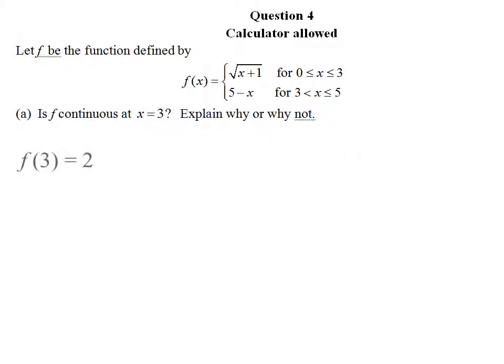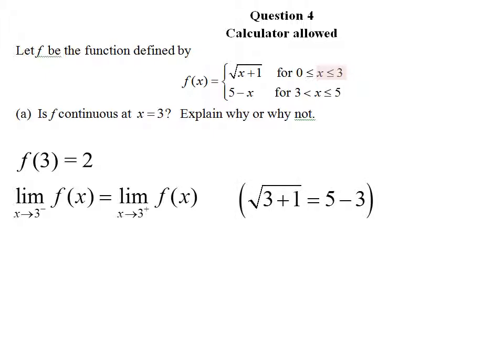First of all, the function value f of 3 does exist by the first function rule, which includes the case where x equals 3. Second, we can show that the limit of the piecewise function exists at x equals 3. The limit of the function as x approaches 3 from the left is computed with the first function rule. The limit of the function as x approaches 3 from the right is computed with the second function rule.